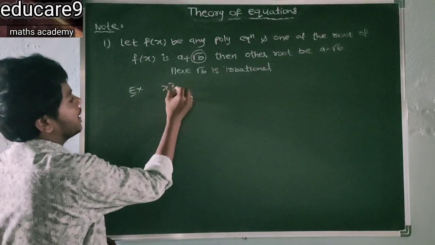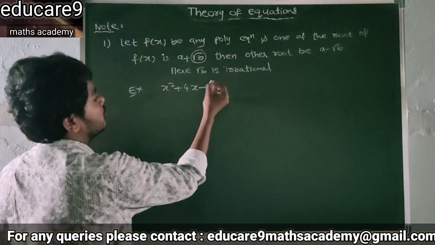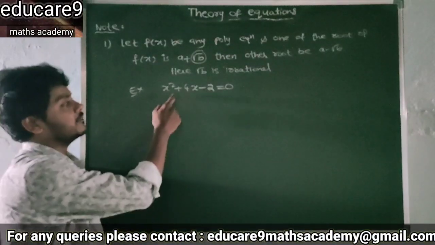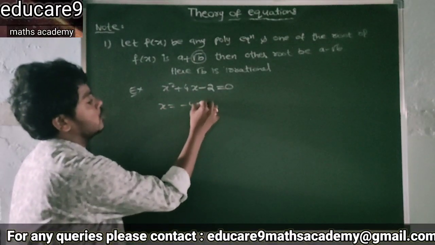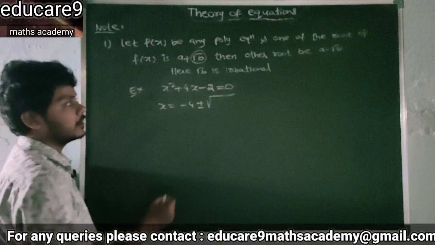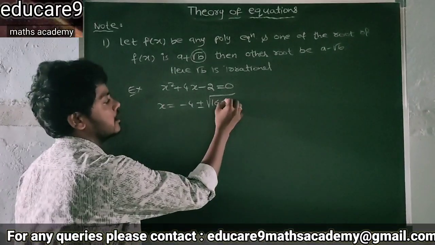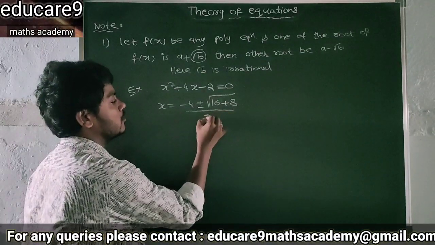x square plus 4x minus 2 is equal to 0. Now find the roots of this equation. So x is equal to minus 4 plus or minus square root of 16 minus 4ac, that is plus 8, divided by 2.